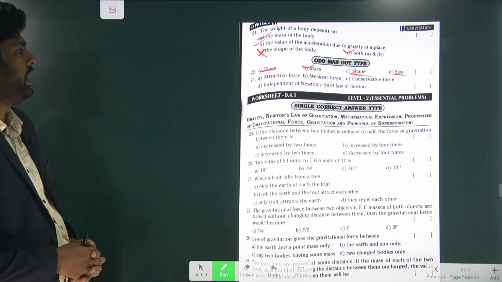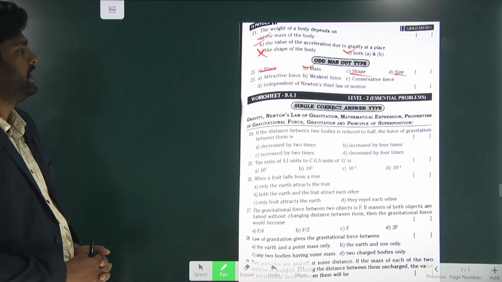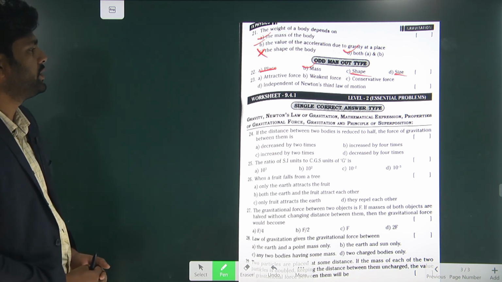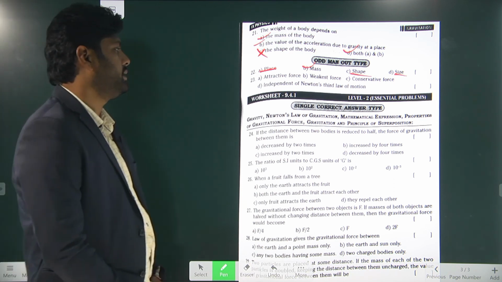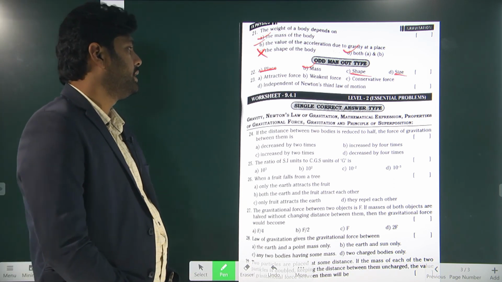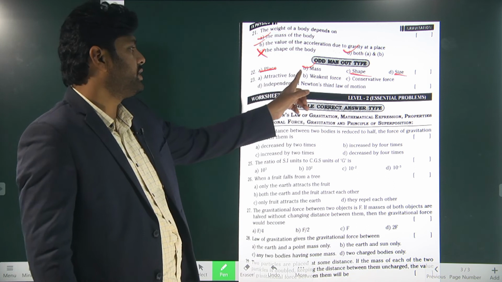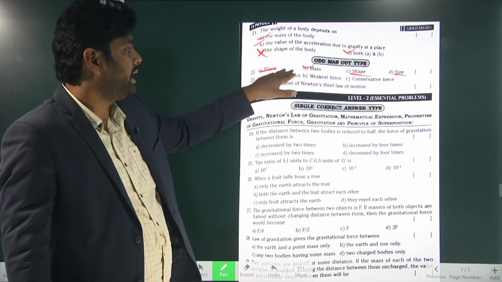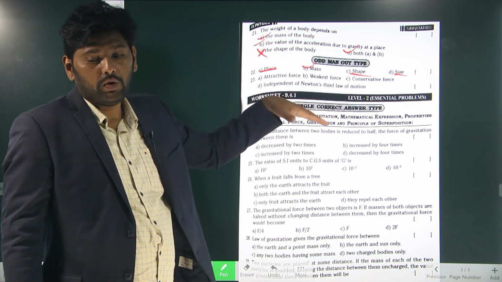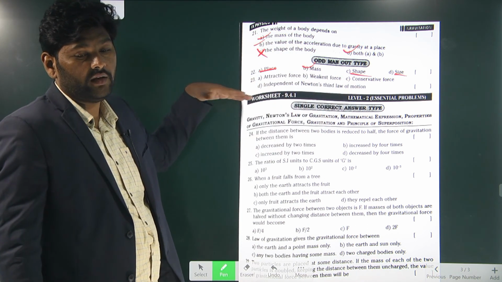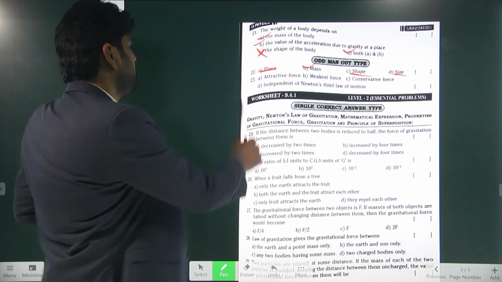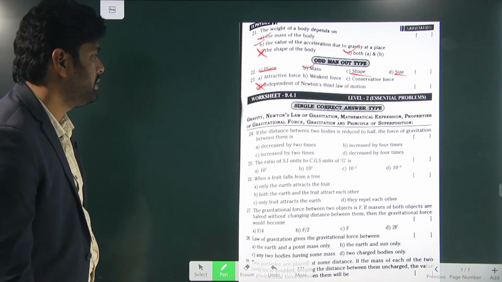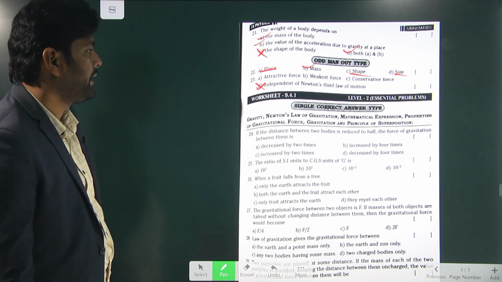Next, attractive force, weakest force, conservative force, independent of Newton's third law of motion. Which one is correct? Attractive force, weakest force, conservative force, these all three are representing gravitational force. This is not representing gravitational force, that is your answer. Understand?